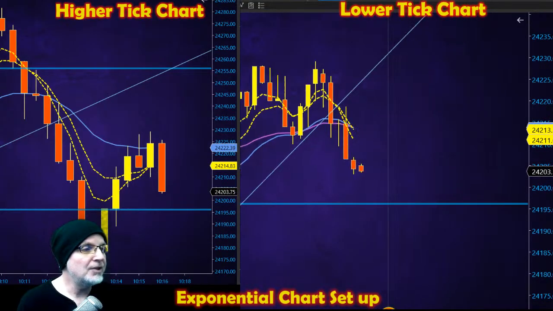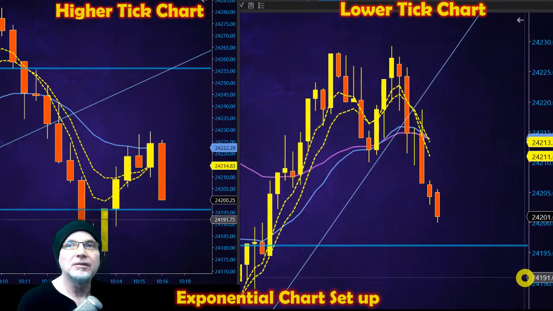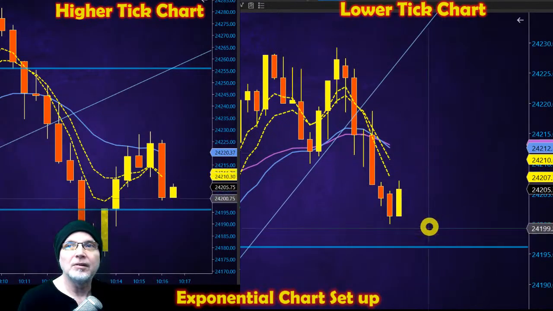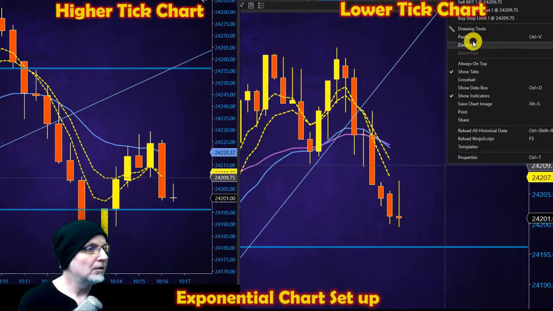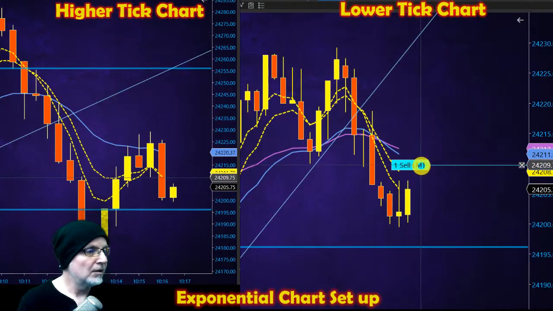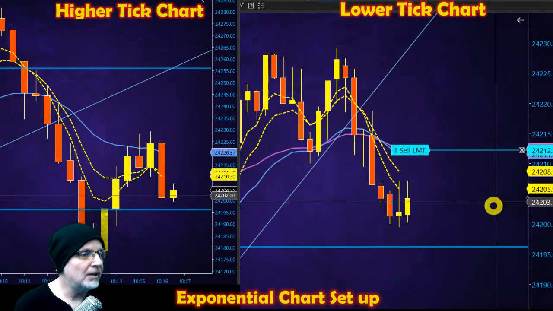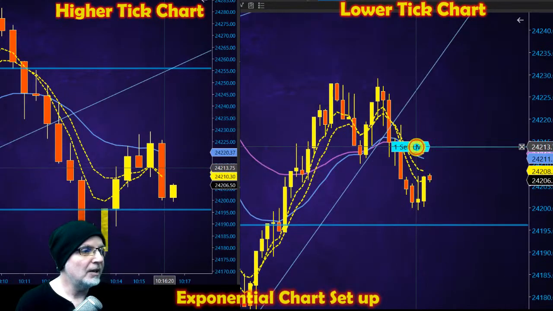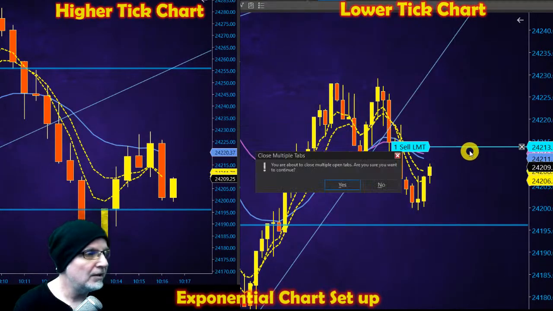Gosh, maybe I should have used that pintail. If it comes back up, order submitted. Come back up and get me, and that way I'm not chasing it. Maybe I make it come a little higher. Let me get my risk lined up.